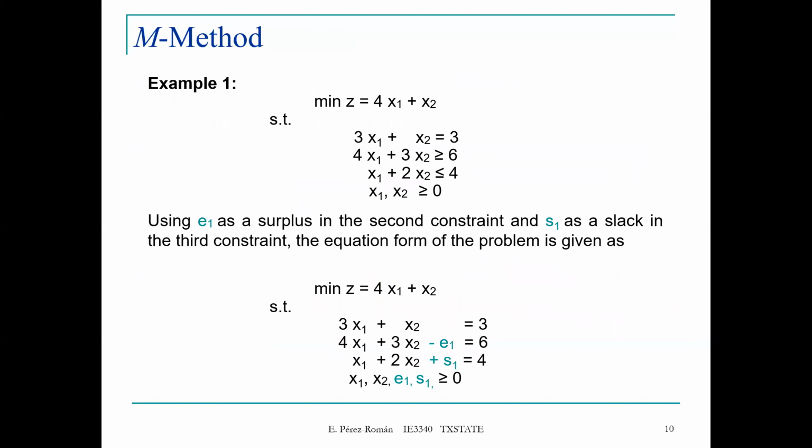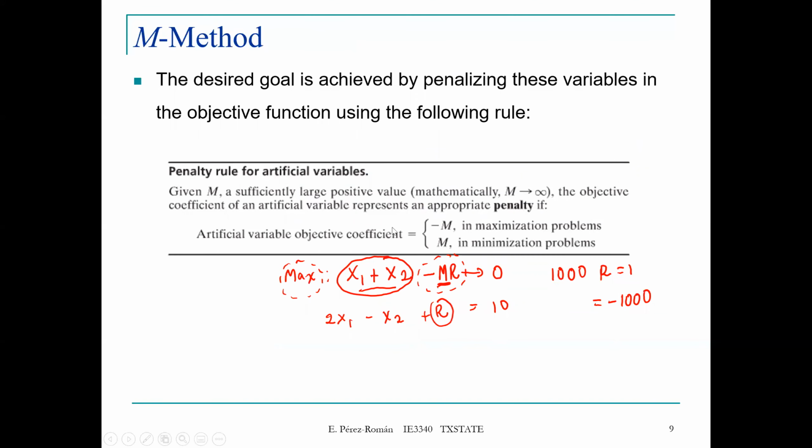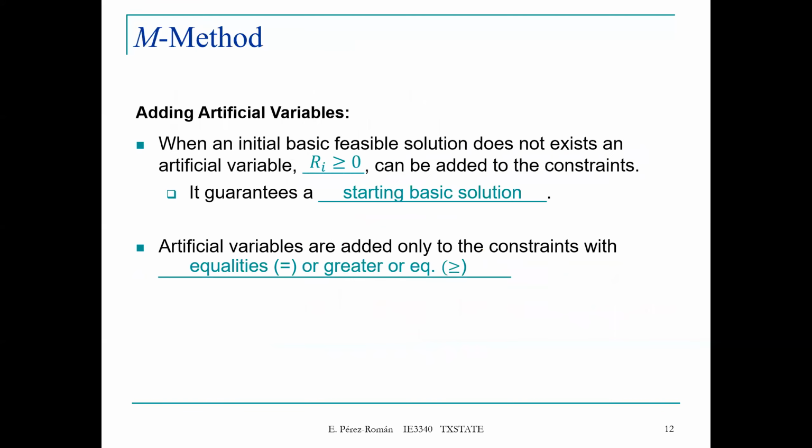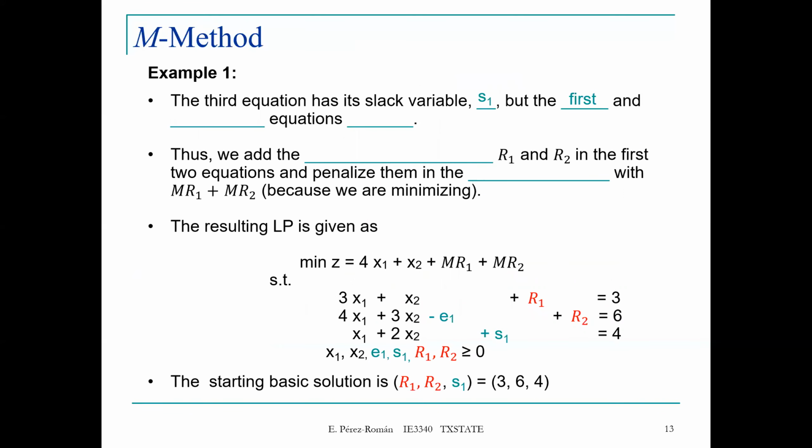If we go back to slide 9, in a maximization problem, we subtract them, and in a minimization problem, we add them to the objective function. So that's what we are doing here. Since this is minimization, we are adding artificial variables times M to the objective function.